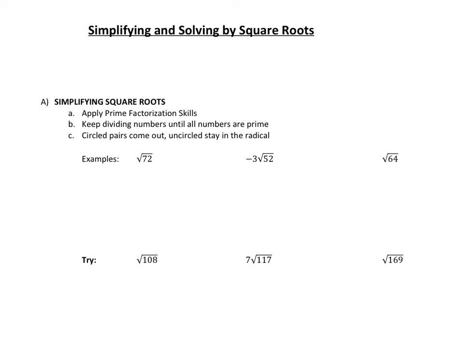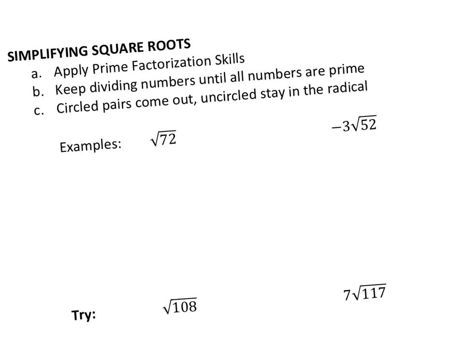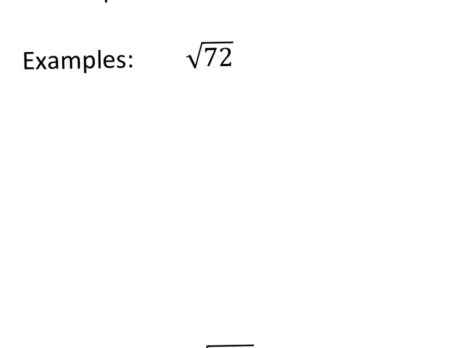So what you may have learned in simplifying square roots is a tool called the prime factorization tool. What that means is you just break the number down into numbers that go into 72. Now, some teachers just teach you, hey, just keep dividing by 2, dividing by 2, dividing by 2.